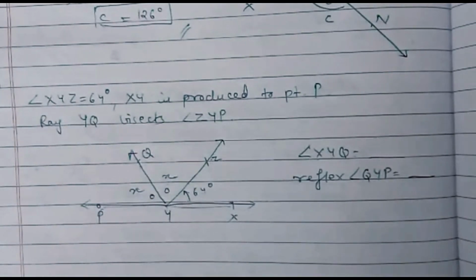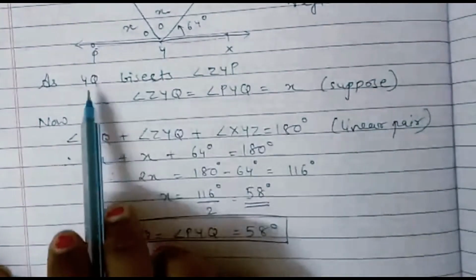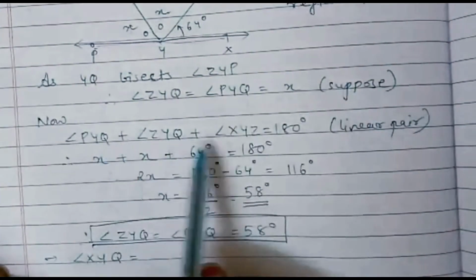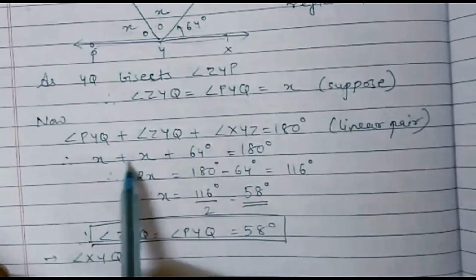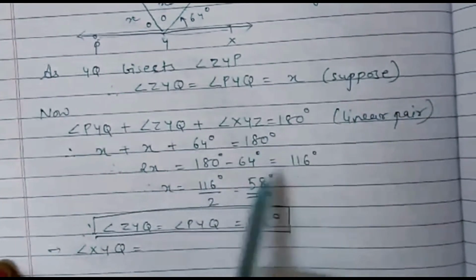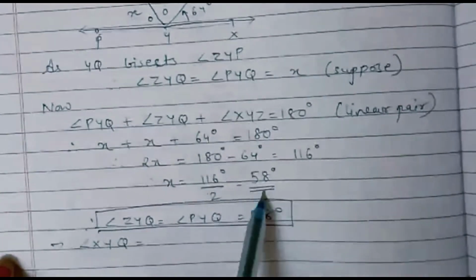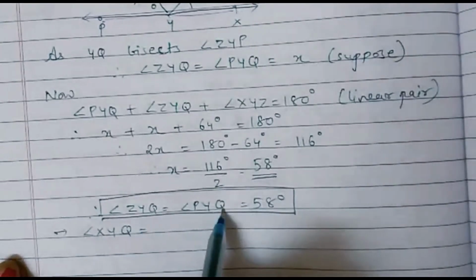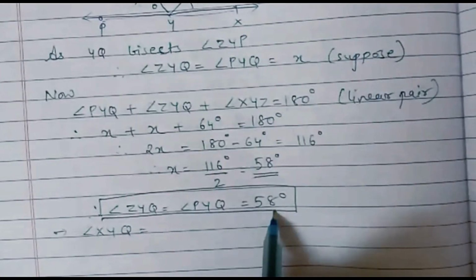So let us write up to that. As I have written, YQ bisects, I have taken both the angles to be X. Now because they are forming a straight line, the total of three angles is 180. We will get 2x is 116, so x will be 116 by 2, which is equal to 58 degree. And lastly, both the angles which we have assumed as x were 58 degree.